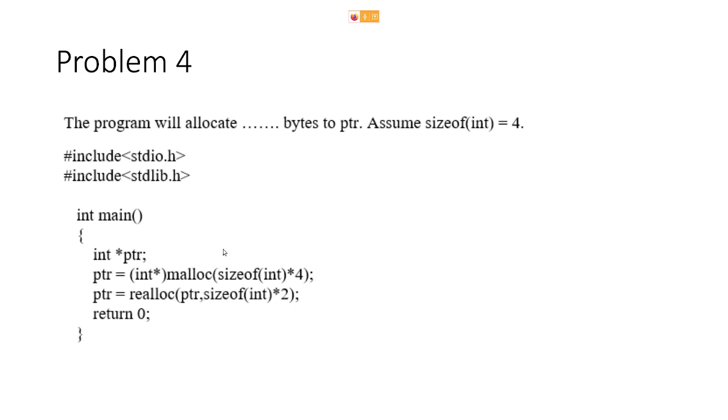Your program is allocating some chunk of memory and ptr is pointing to that. And you should use the information that the size of integer is 4.